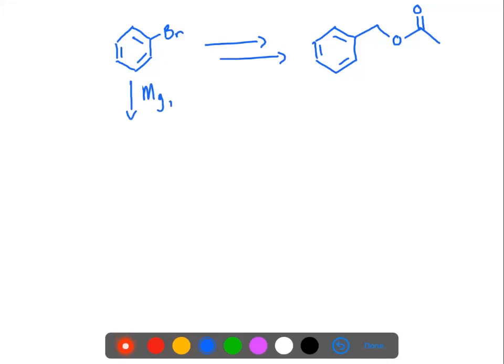generally in an inert solvent, something that we can dry quite well, so THF would be fine. Diethyl ether is typically used, but magnesium metal will insert itself into the carbon halogen bond to give us phenylmagnesium bromide.